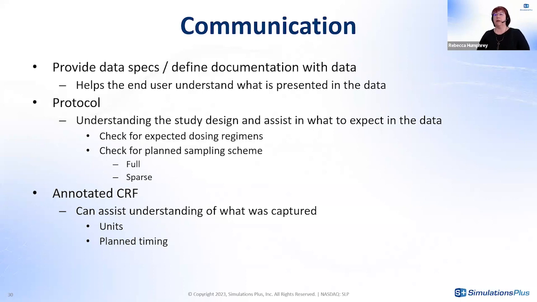Having an annotated CRF would have explained how that volume for the IV was collected. Typically, the units might have been on the CRF, but not necessarily captured and not necessarily recorded in the data sets provided. It can also help explain the planned timing of the samples versus the dose, the PK samples versus the PD samples, and what to expect.